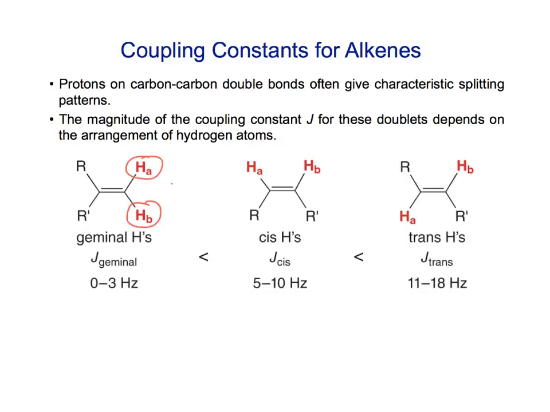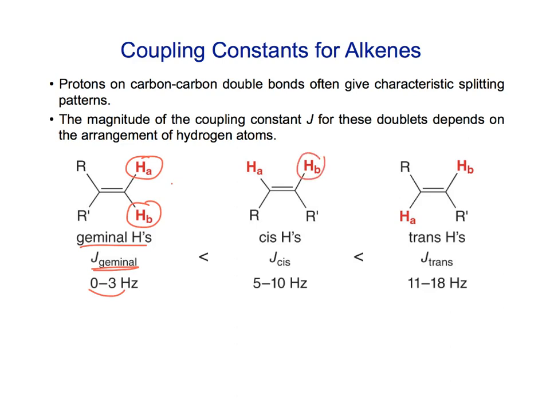HA and HB, when they're on the same carbon, we call those protons geminal. That's their relative relationship to one another. Now the size of the splitting, the coupling constant for geminal protons, is between 0 and 3 hertz. So it's very small. They don't split very much when they're on the same carbon.